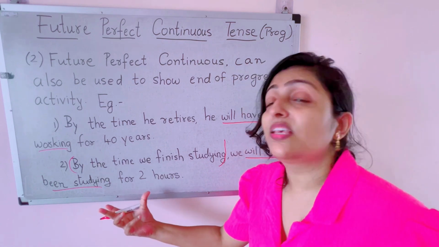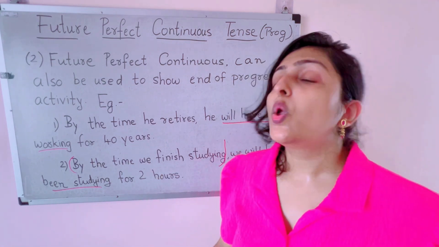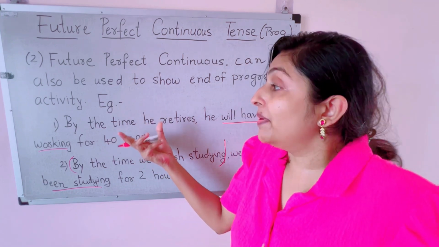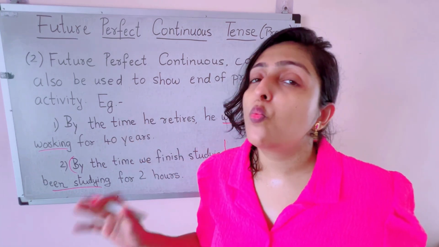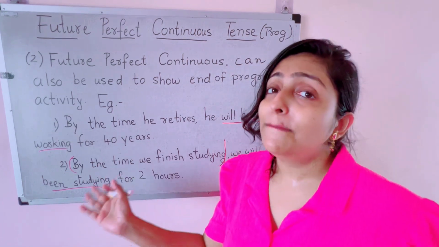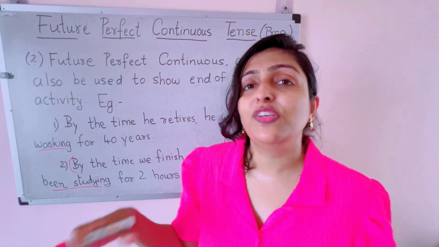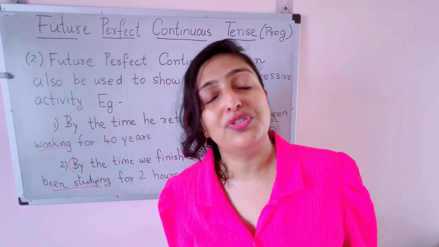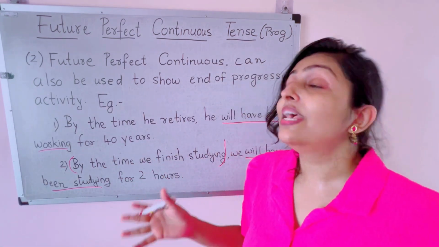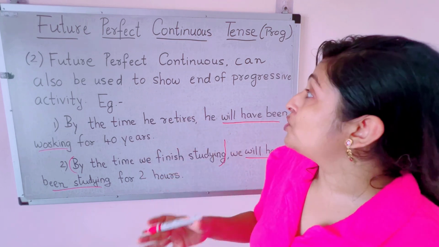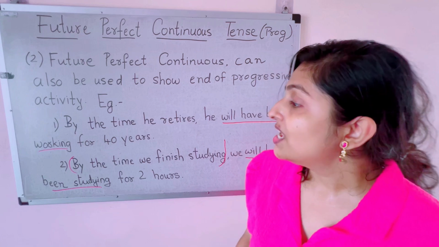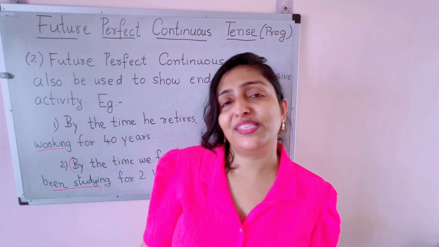Here it says we will stop studying when we finish studying. And here it says the person will stop working once he retires. But in previous rule, we saw that there is a progression in time, and here we saw that future perfect continuous tense can also be used to show the end of an activity in progress. So I hope you understood these examples.